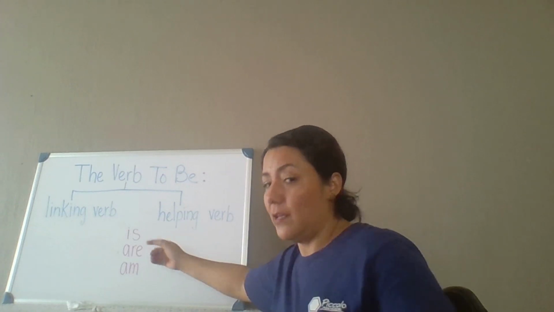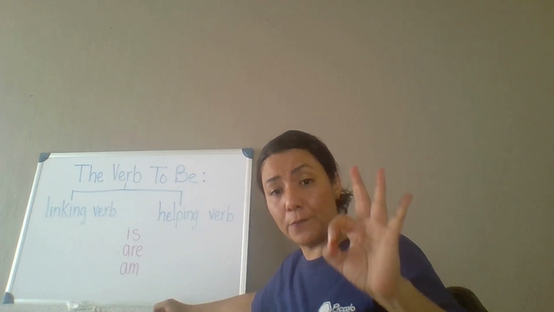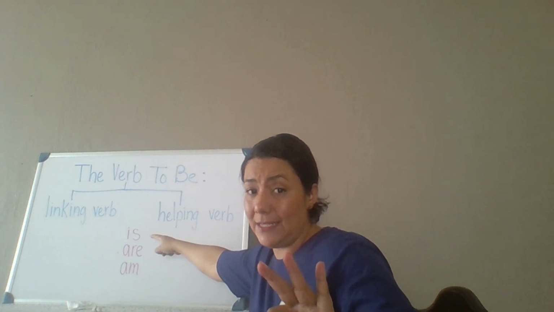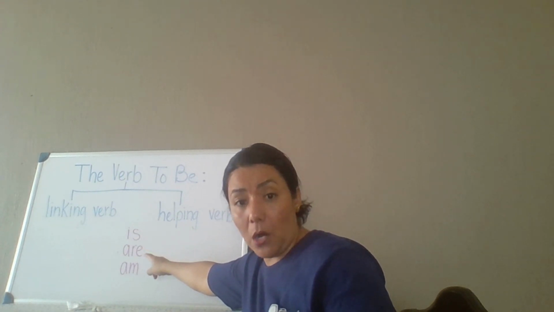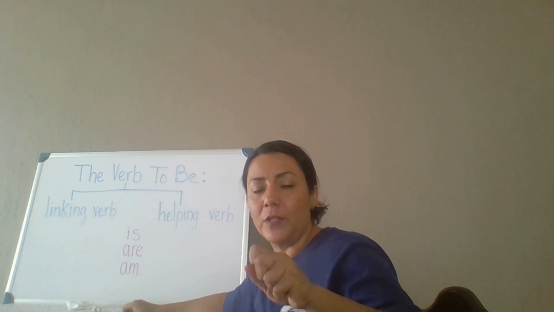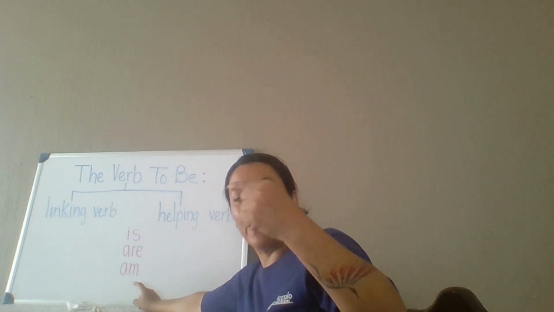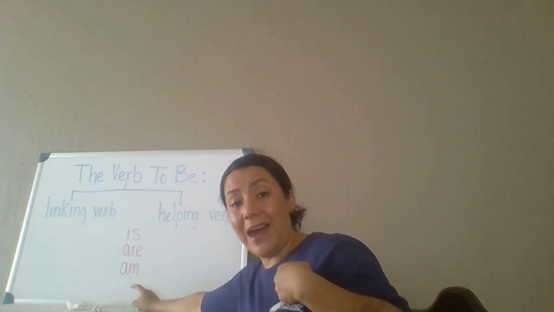In present, to be has these three forms. Is for he, she, and it in present. Are for plural subjects in present. And am for the pronoun I in present.